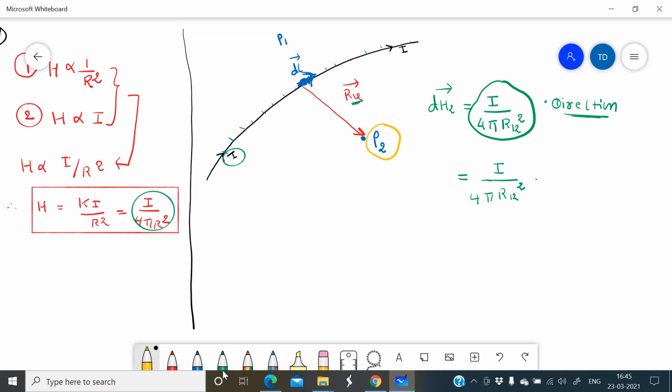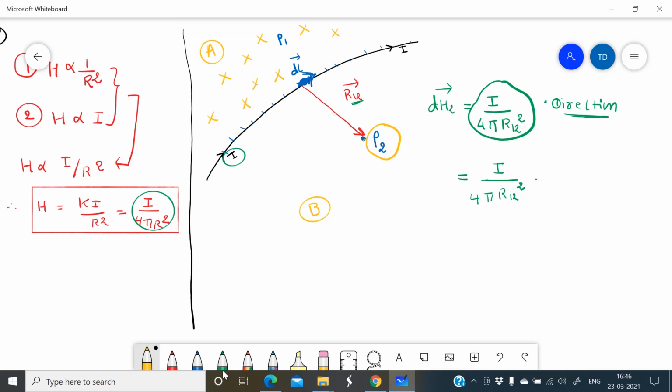Magnetic field direction. As we know, this is an infinitely long or finite length of wire, and this one is the direction of field. At that point the field is inside this page. If you consider this is side A of the wire and this is side B of the wire, then at side A the field is outside, so we represent it using a cross mark.